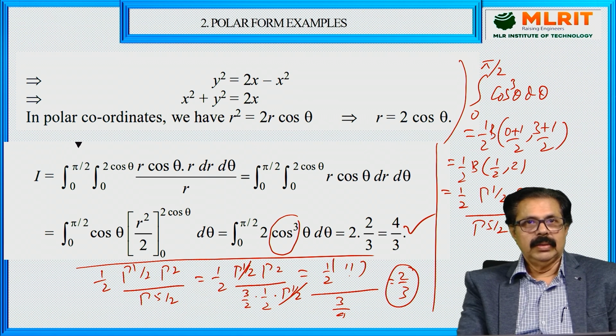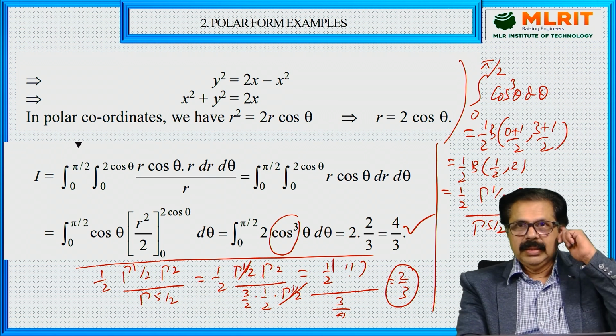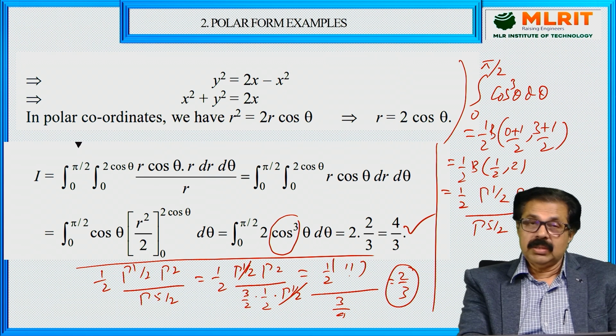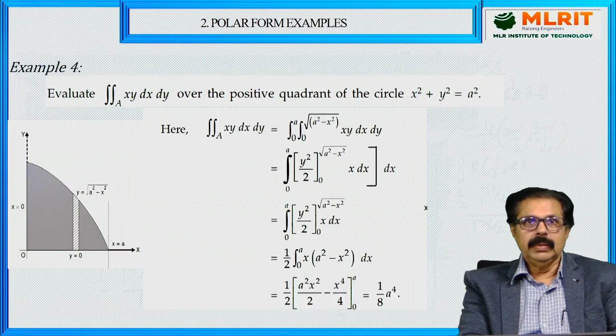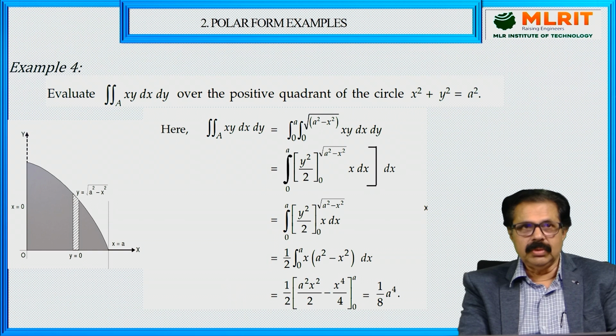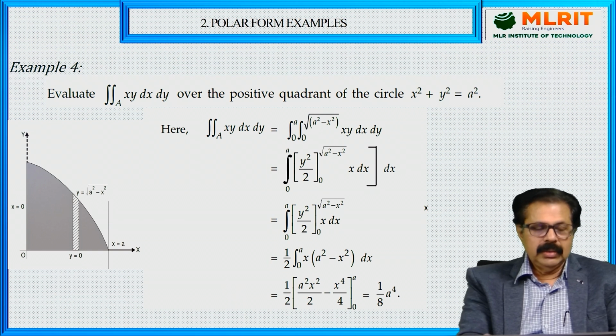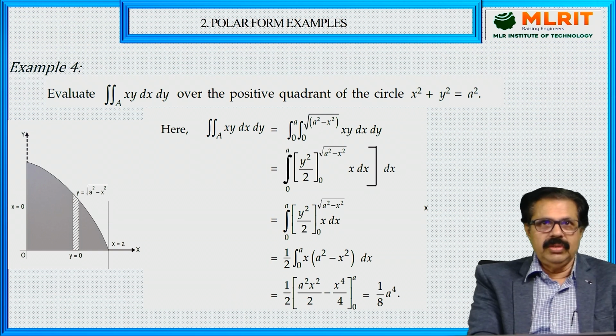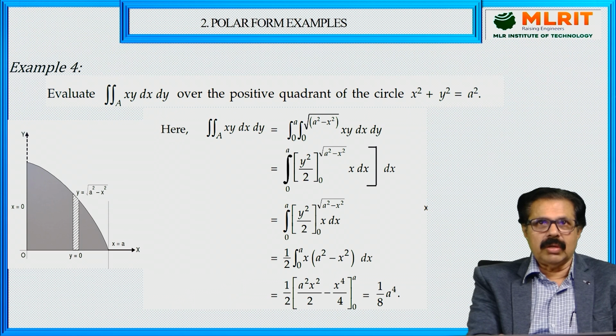Okay. So the moral of the lesson is that if the region is circular, it's much easier if you convert into polar form. Now let us take one more example. Evaluate the double integral of xy dx dy over the positive quadrant of the circle x square plus y square equal to a square.